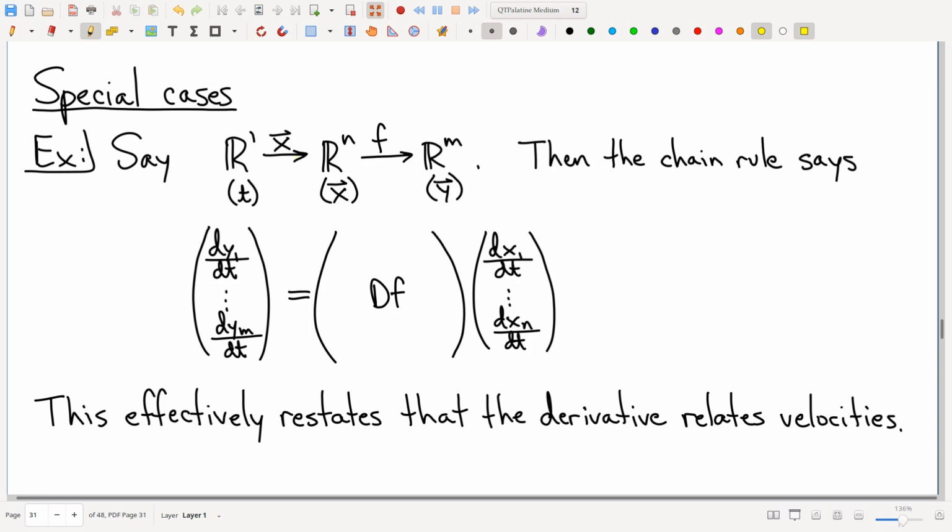I have these 2 functions I'm putting together. You'll notice, though, that here my domain is one-dimensional. So the succession of 3 spaces, 2 functions composed, but the first space is one-dimensional. What does that mean? How does that affect our interpretations of things? Well, a couple of things.